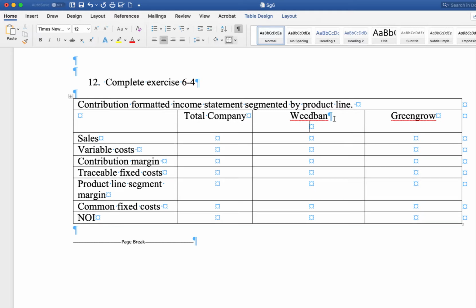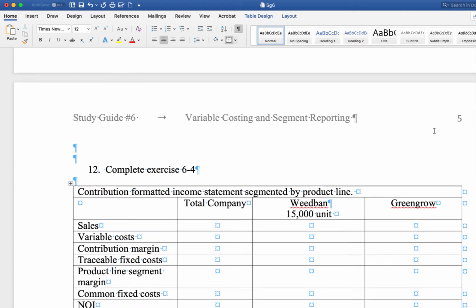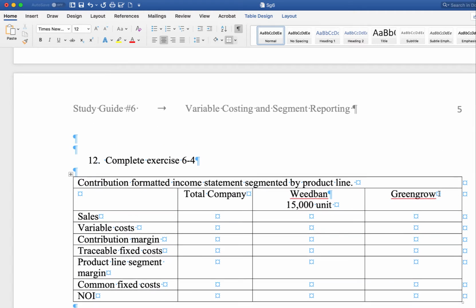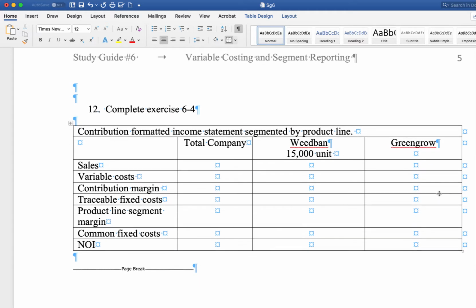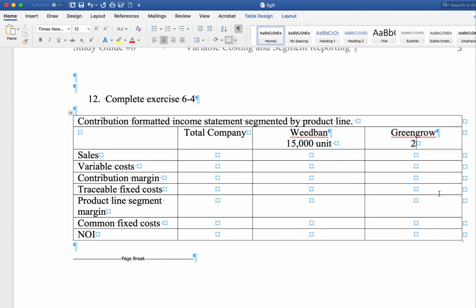So we know that they tell us that for weed ban, we sell 15,000 units, and for green grow we sell 28,000 units. Sorry about that. We sell 28,000 units.